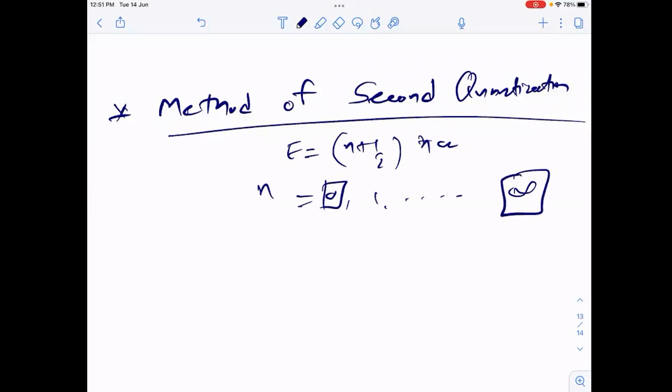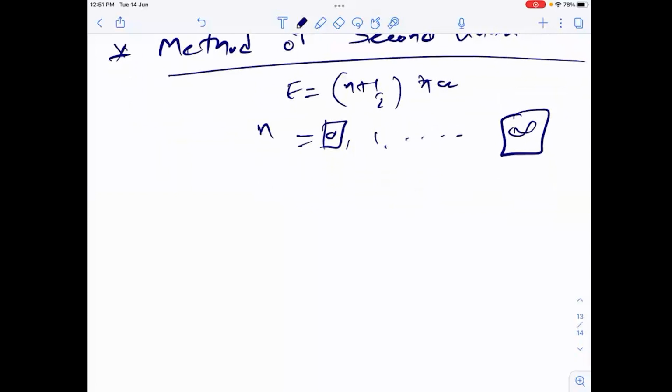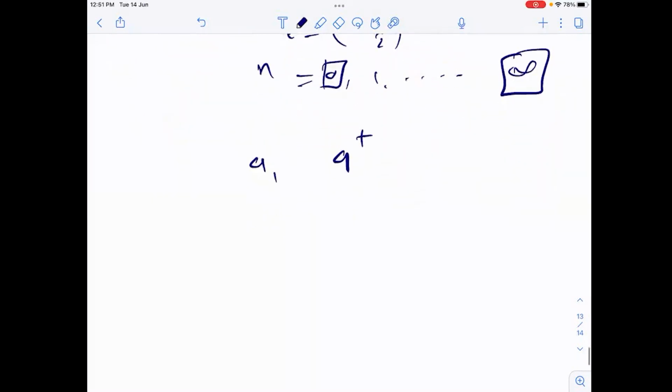So whenever there is excitation, there is a creation. Whenever there is de-excitation, there is an annihilation of phonon. So they are acting as an operator for phonon. Are you understanding this? So what was done was the two operators A and A dagger were defined, right?